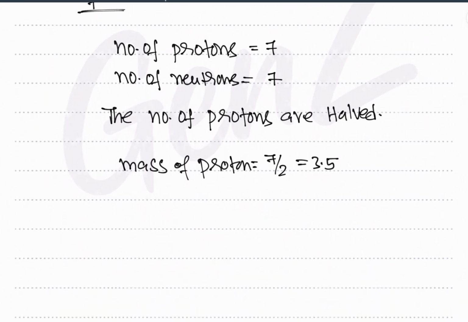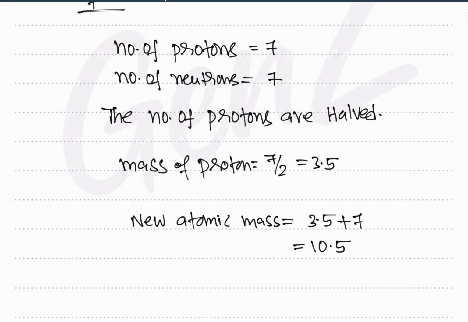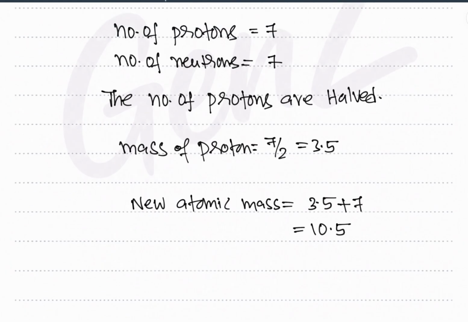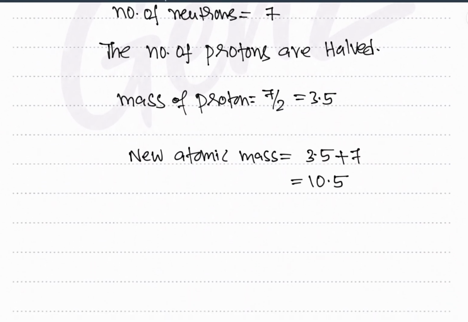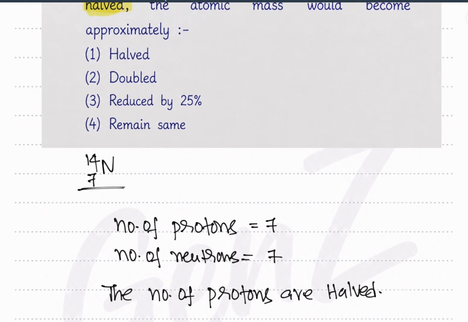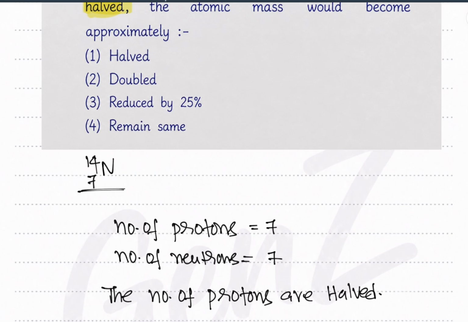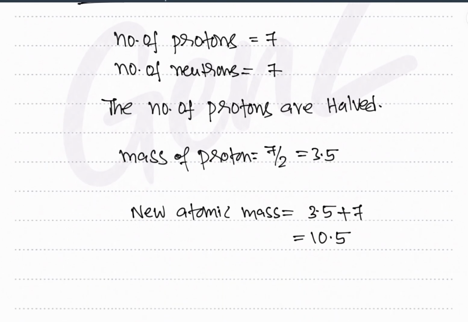If you consider the new atomic mass, protons are 3.5, neutrons are 7, which means it is 10.5. That means the atomic mass decreased from 14 to 10.5.